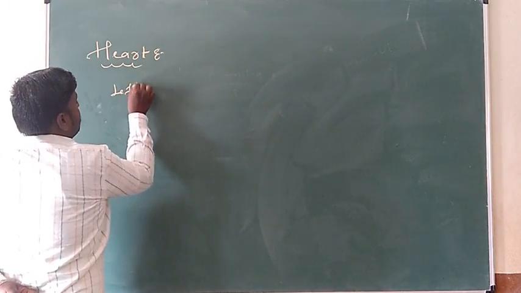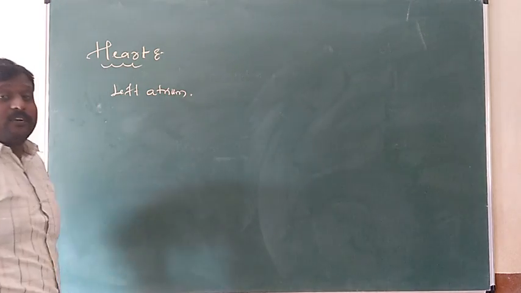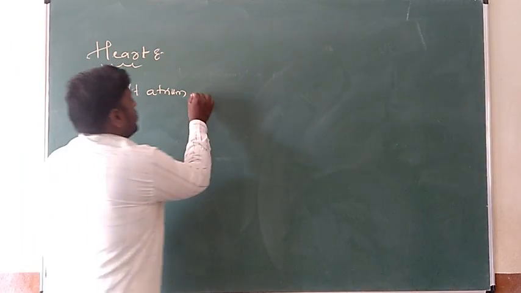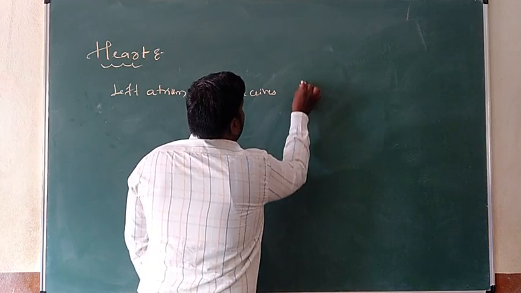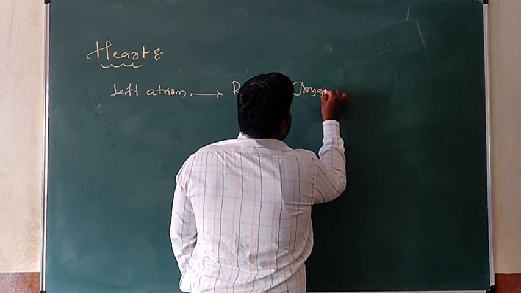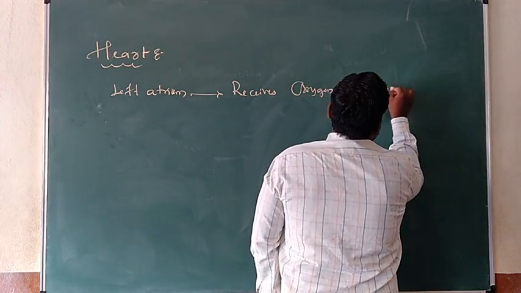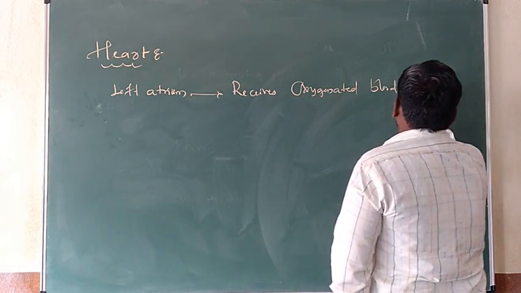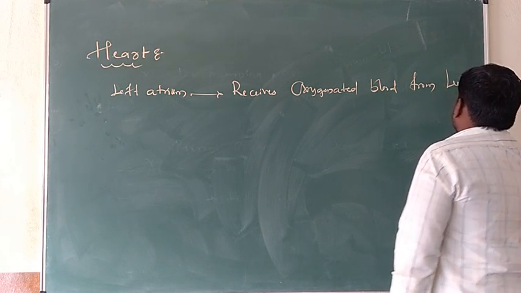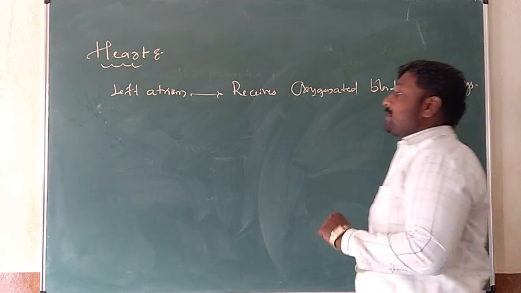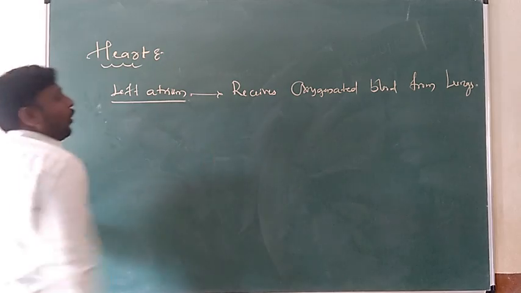Here the first point is the left atrium. What is the function of the left atrium? It receives oxygenated blood from the lungs. It means the first process of pumping action takes place where? In the left atrium.